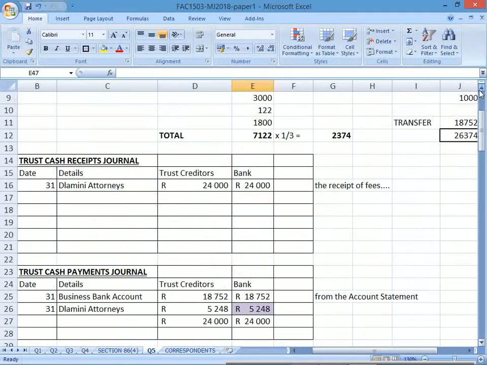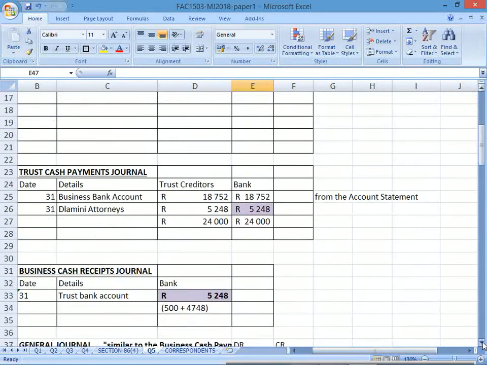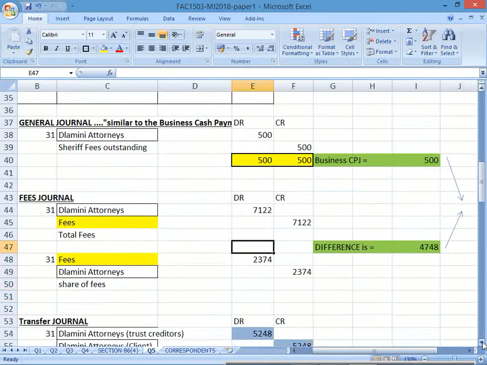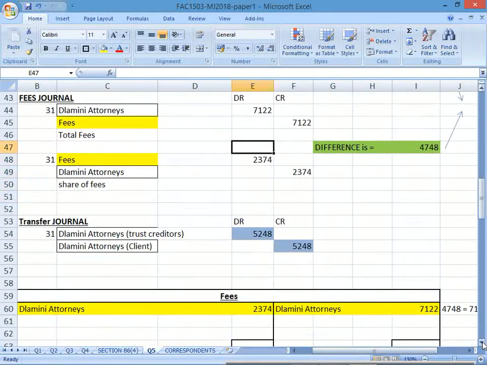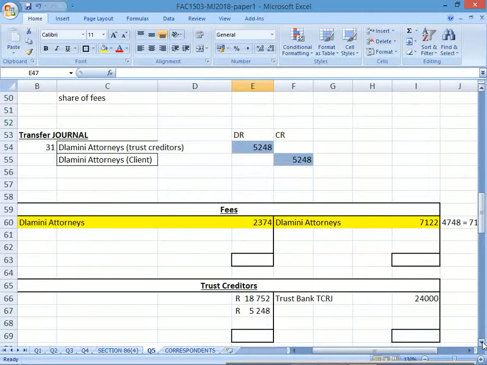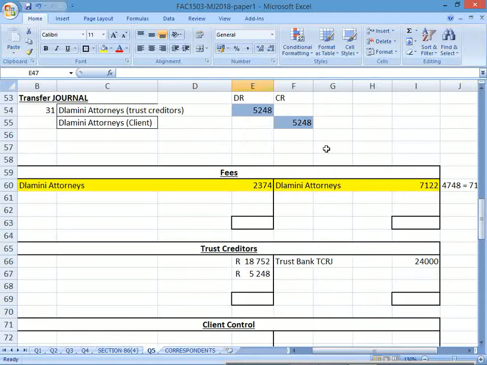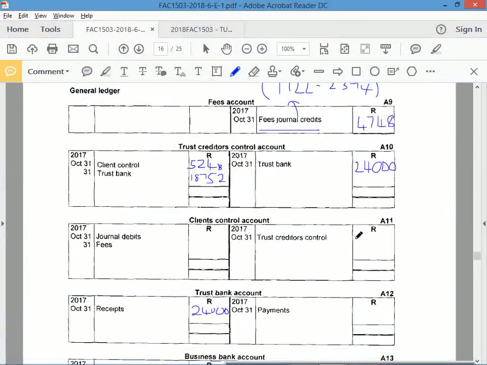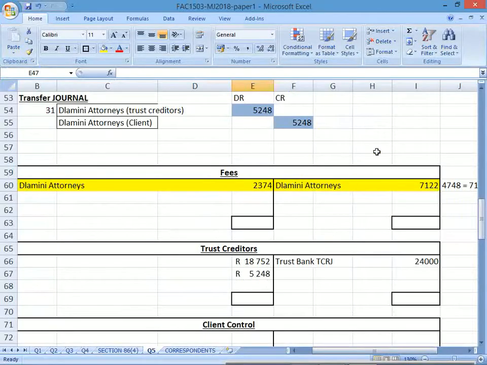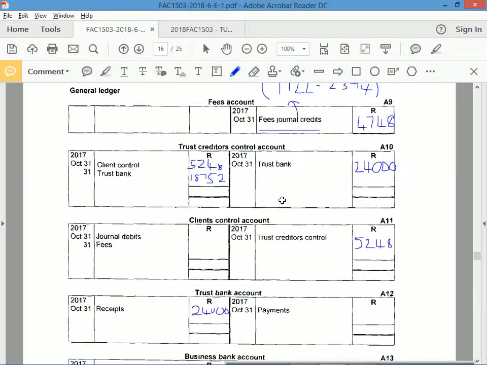So the client's control account, trust creditors control, let's see what that figure would be. Trust creditors control. 5248. Trust creditors control, 5248. Okay, the journal debits for the client control account would have been this figure, the 2374, because that was the journal debits.